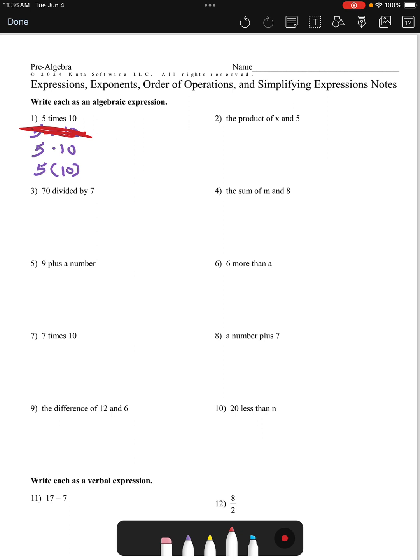But it's like all rules. Unless we know we're allowed to break that rule, we want to follow it. So in general, we do not want to use an x to show multiplication anymore. We also don't want to use the dot. This is purely stylistic and neatness related.